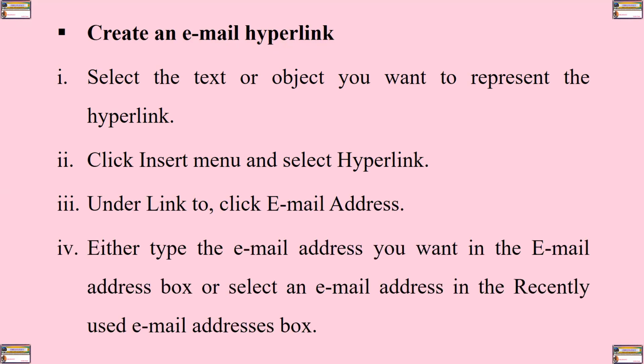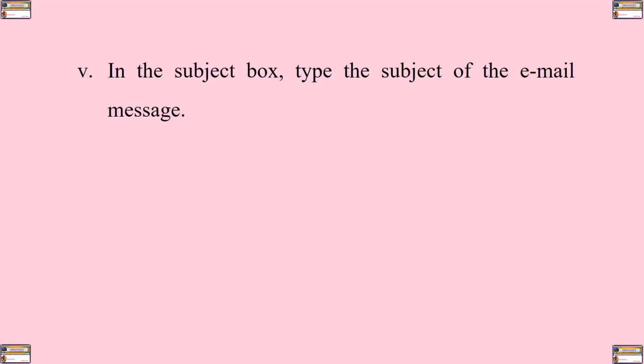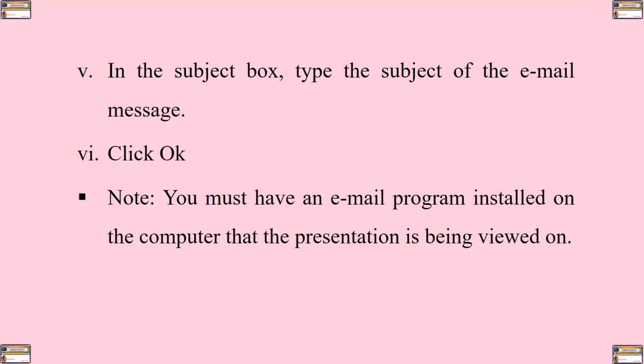Then either type the email address you want in the email address box or select an email address in the recently used email addresses box. In the subject box, you type the subject of the email message. Then you click OK.